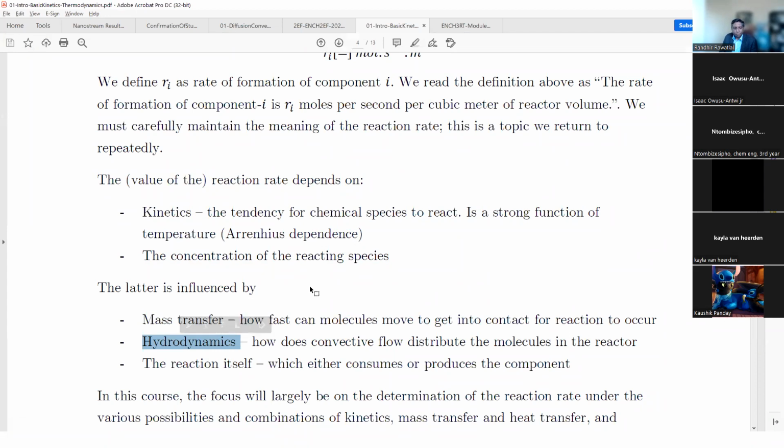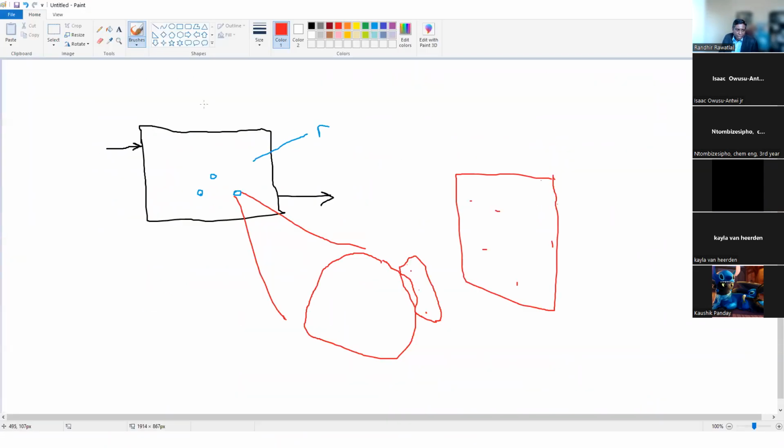Hydrodynamics, that's another one. If we have a well-mixed reactor, right? Let's say we are blasting the chemicals around because we put a stirrer in, and we get a good uniformity of concentration, we'll get a certain overall reaction rate in this reactor. If we have instead a long, thin reactor like this, which we'll see later and call a plug flow reactor, then you can imagine you have a high concentration of reactant in the beginning, but as we go, the concentration drops as that reactant reacts and disappears.